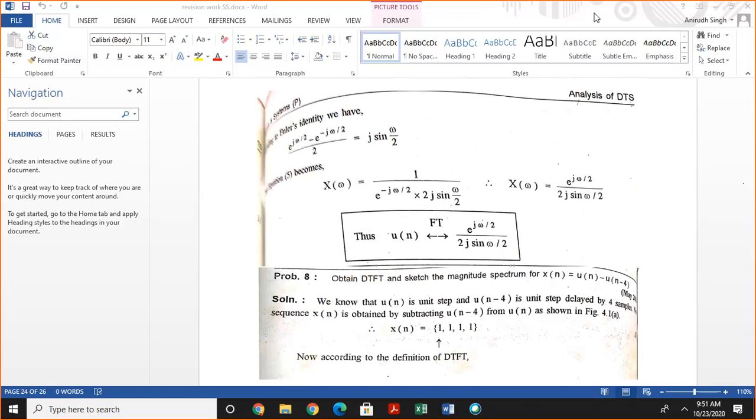Similarly, we can find the magnitude of exponential minus j 2 omega, which is given by 1, similarly 1, and the magnitude of X of omega is given by 1 plus 1 plus 1 plus 1, which is equal to 4 for all values of omega. And this is the magnitude spectrum.